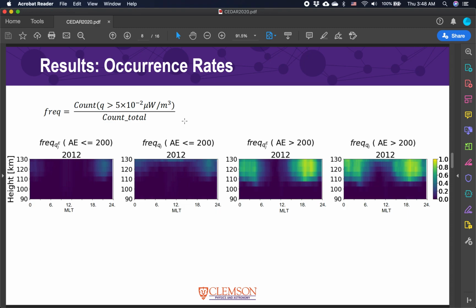But on the right columns, we see strong occurrence rate in the evening and post-midnight sector, and the occurrence rate in the evening sector is stronger than in the post-midnight sector. Also, we can see that the occurrence rate of local Joule heating is a little larger than the occurrence rate of total Joule heating.